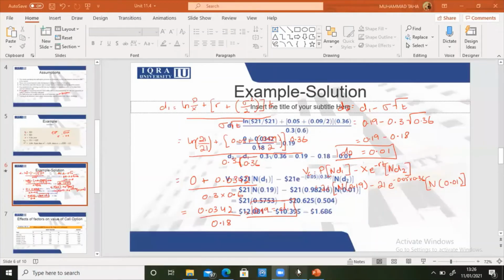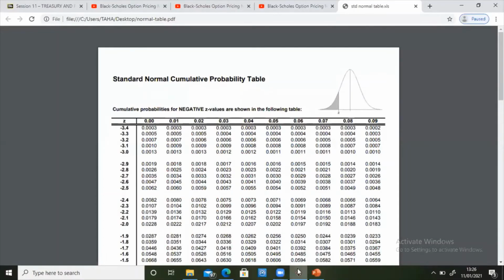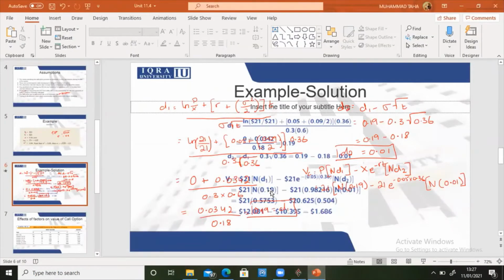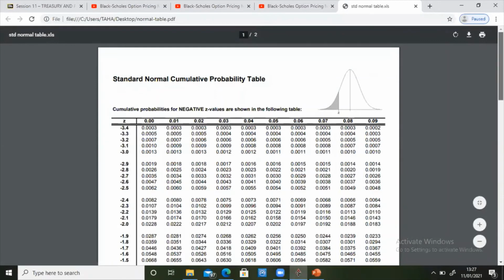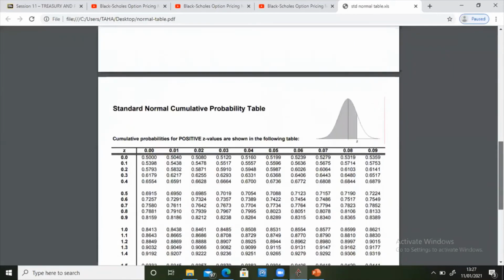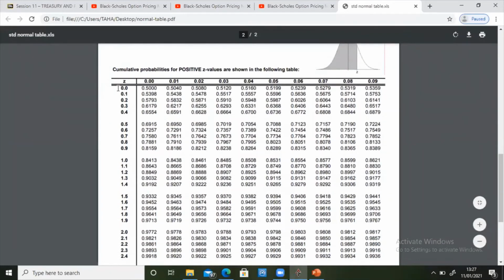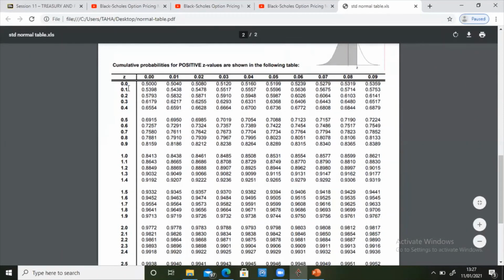If we go to the standard normal distribution table, you're supposed to find N(0.19). So we're going to look for 0.19 in the table. This part has negative values, so this is not what you want. Go below, where you have the positive values. The value that you want is 0.19.